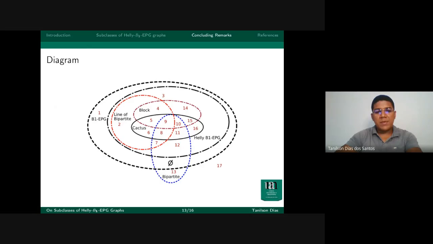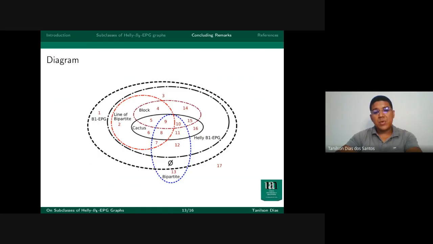This diagram depicts the classes of graphs that have been studied in this work. In particular, I draw attention to this blue class that corresponds to bipartite graphs. Notice that any bipartite graph is a Helly graph because bipartite graphs are triangle-free graphs.